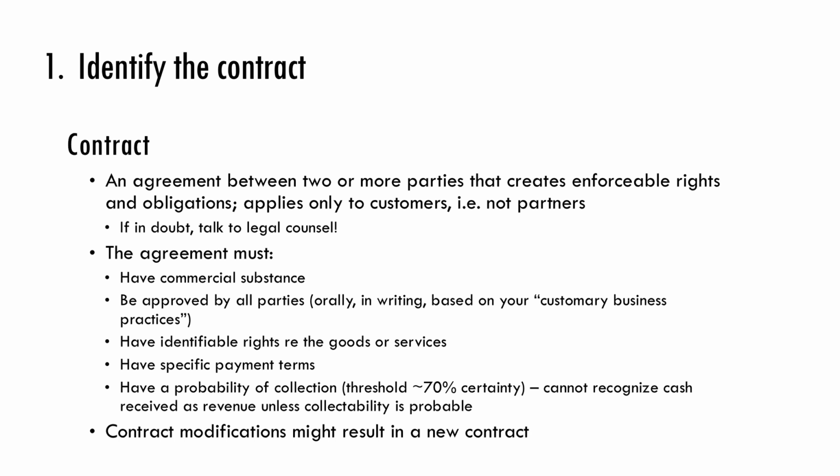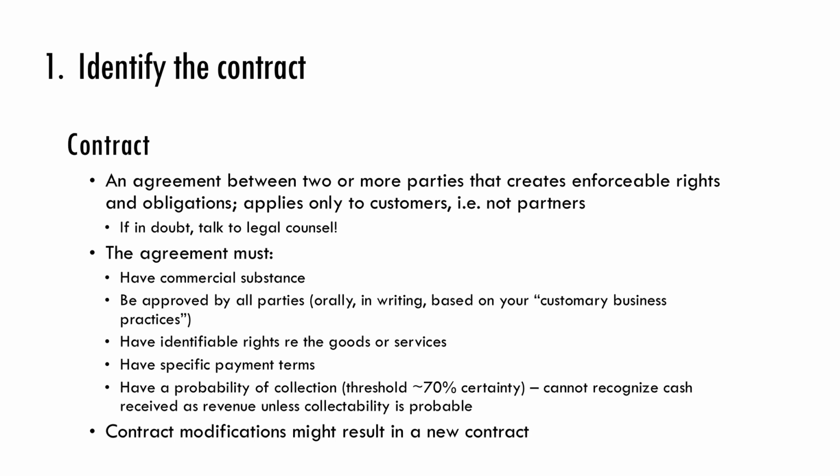This is for customers. In order for it to be a contract, there's certain things that must be in place, and these are not one or the other. All of these must be in place. The agreement must have commercial substance. It must be approved by all parties to the contract. Now, this can be done, according to ASC 606, in a number of ways. It might be something that's done in writing.